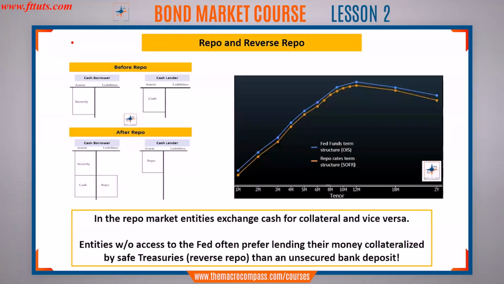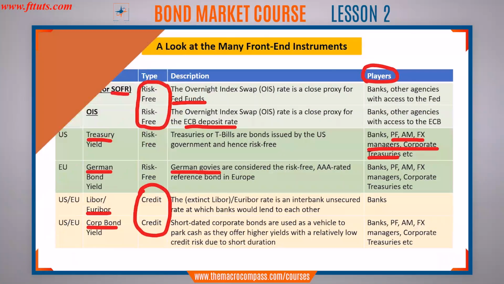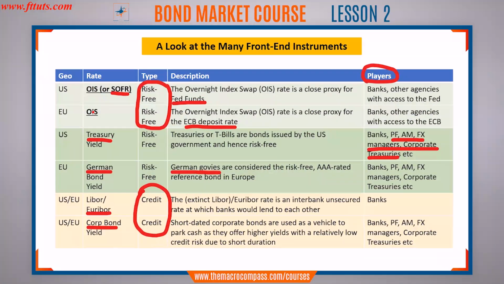Finally, when it comes to markets and instruments at the front end, we have covered OIS, we have covered safe collateral, we have discussed the credit component embedded in Euribor, and why it is important to track the spread between credit and safe, so Euribor and OIS, for example.